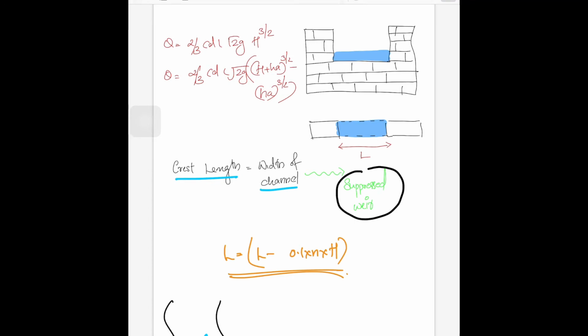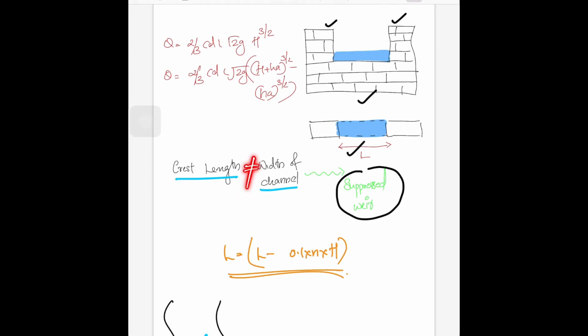Now see these two figures. Here you can see that there are two additional masonry constructions for the weir, and due to these two structures, we can say that the crest length is not equal to width of the channel.